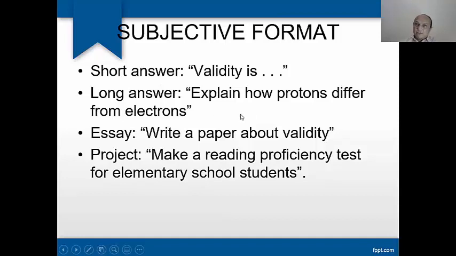The test takers have to write down longer responses. Or it can be in the form of an essay. The instruction can be something like, "Write a paper about validity." So understandably, the test takers have to produce a paper, an essay.